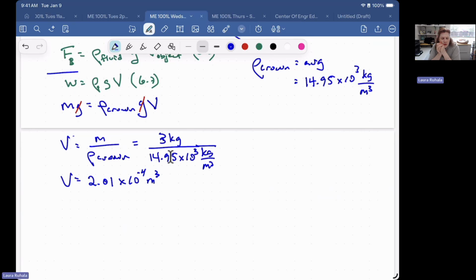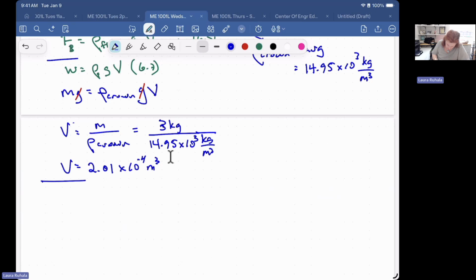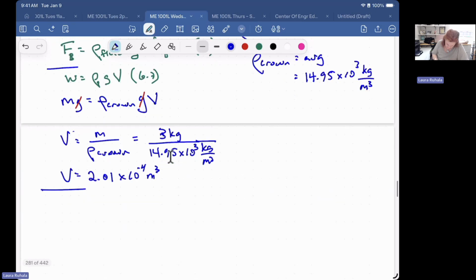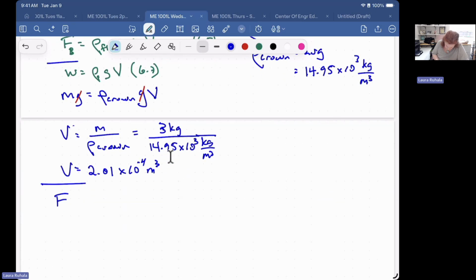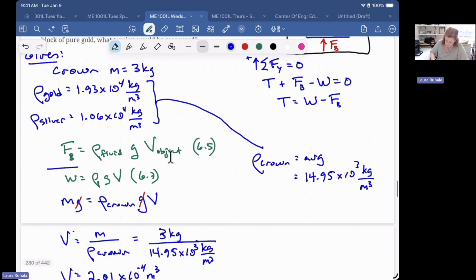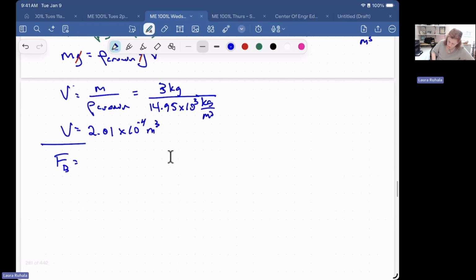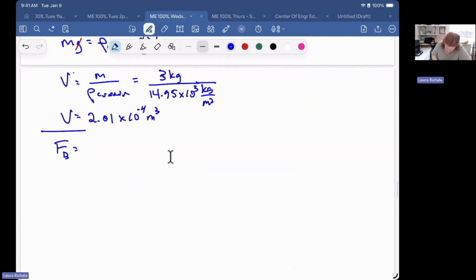Okay. So now I've got the volume of the crown. So let's get the buoyancy force. The buoyancy force is going to be rho g V, and I need the buoyancy force because I need that from my equilibrium equation up there. That is equal to the density of the fluid times gravity times the volume of the object.